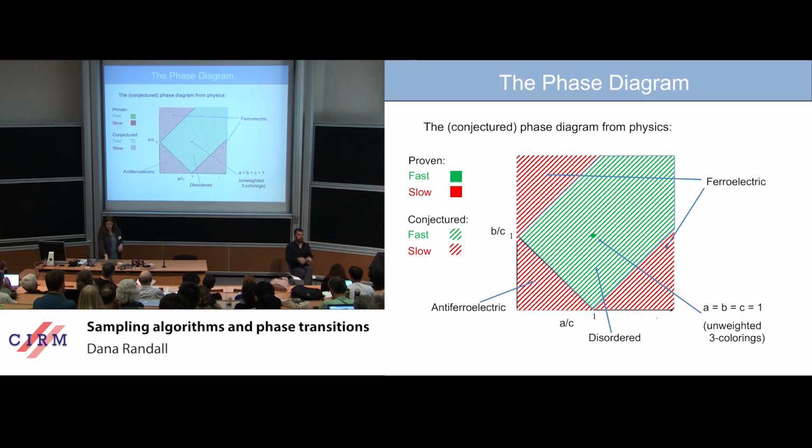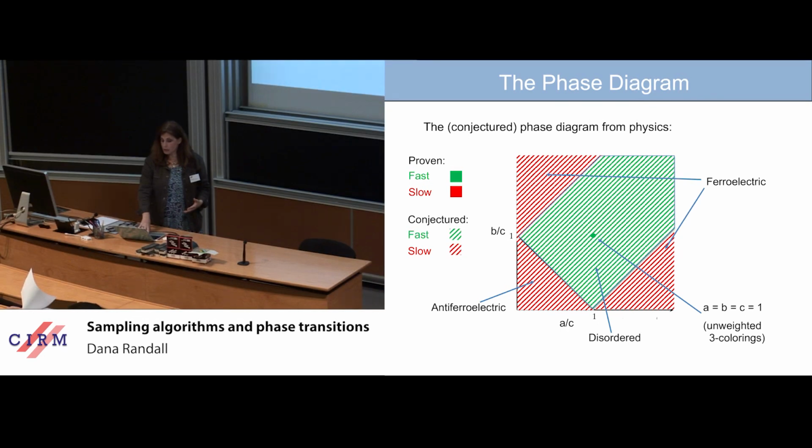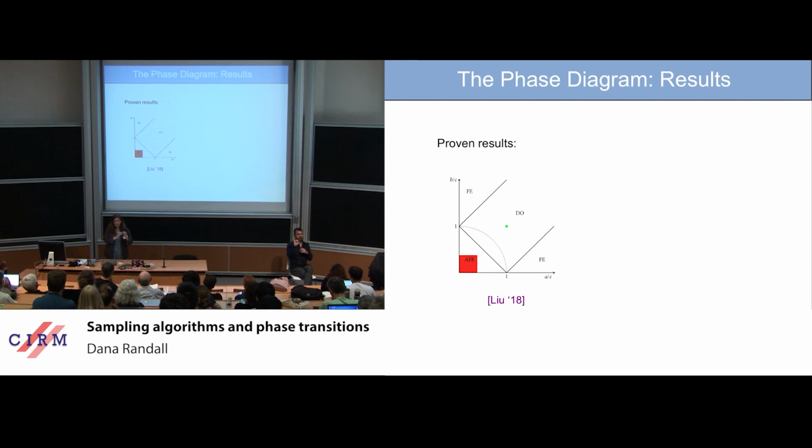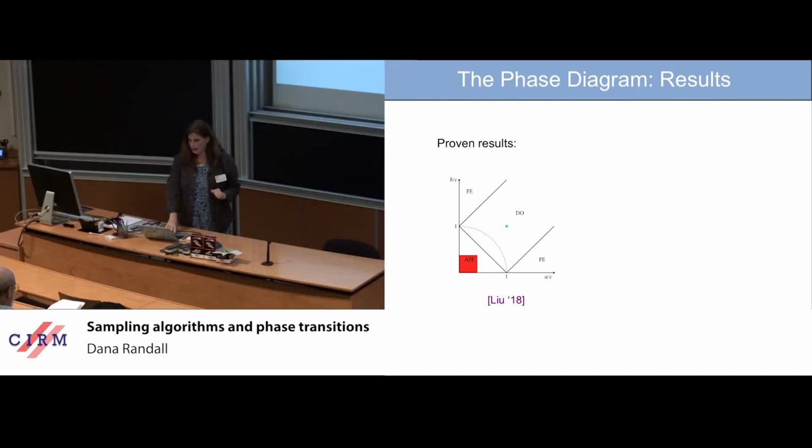A couple of years ago, we started to make progress on the red region. This is what Liu, Jinyi Tsai's student, showed: that in this little square in the antiferroelectric region, there are boundary conditions for which the chain is slow. And this is our new result.